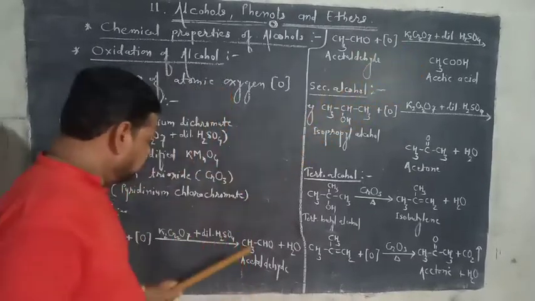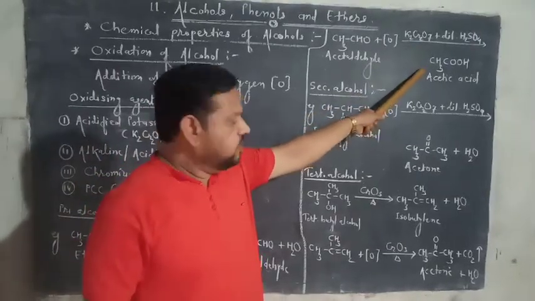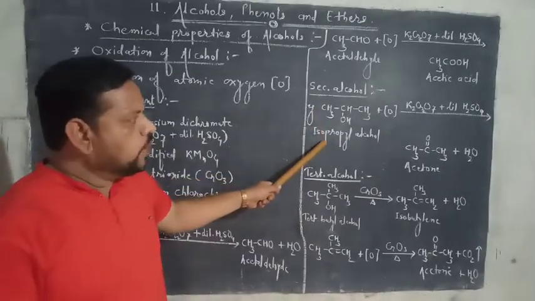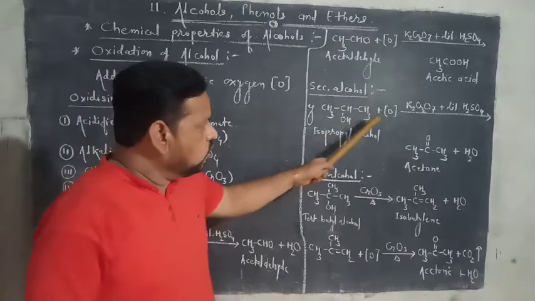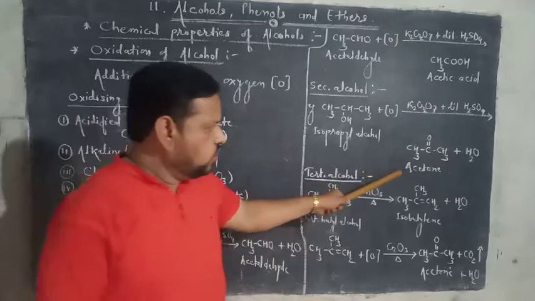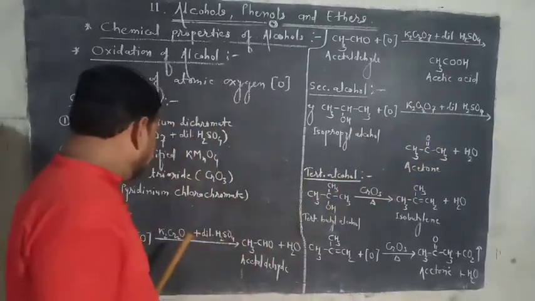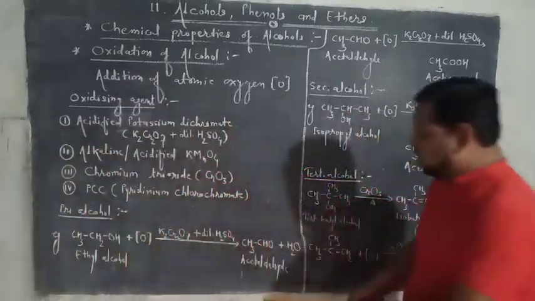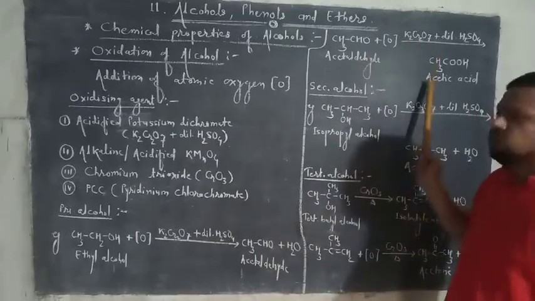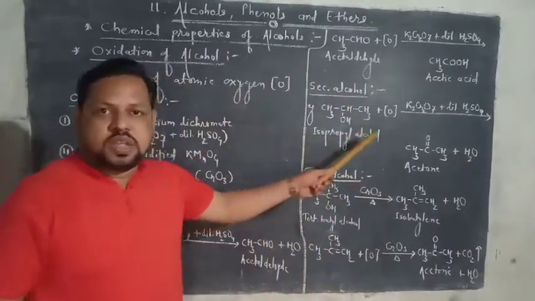First it gives the aldehyde, and on further oxidation it gives the acid. Then secondary alcohol, for example, isopropyl alcohol. This is oxidized by acidified potassium dichromate and gives acetone, which is an example of ketone, and water. That means primary alcohol on oxidation gives the aldehyde and further oxidation gives the acid, and secondary alcohol on oxidation gives the ketone.